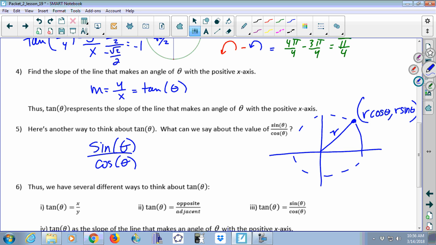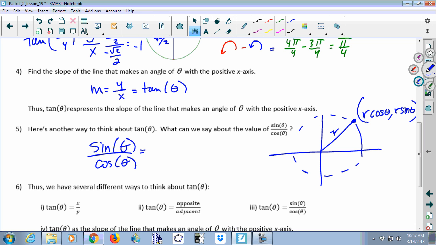So if I take the sine of theta and I divide it by the cosine of theta for this particular angle, we get, let's see, do I want to do it that way first? Okay, so if we do sine of theta for any, no, that's not going to work.